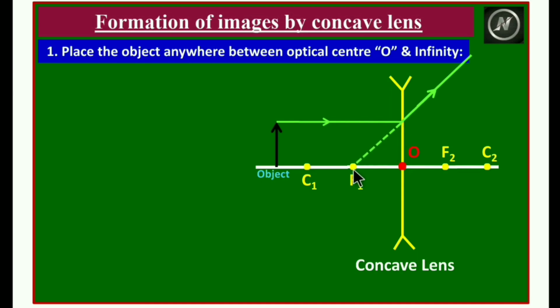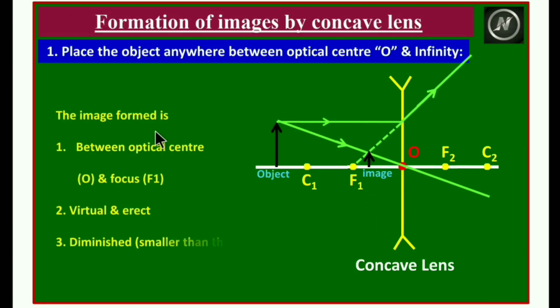That's why we are extending these rays back. And one more light ray, which passes through the optical center without any deviation, goes straight. It intersects with the extended ray, and at that point it forms the image, between the optical center and focus.